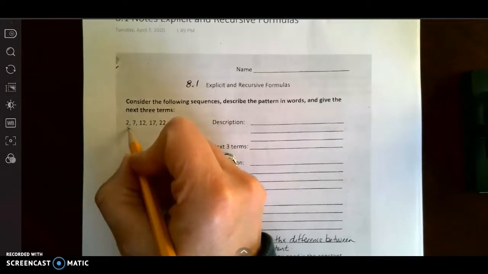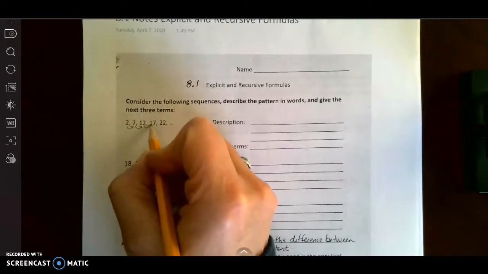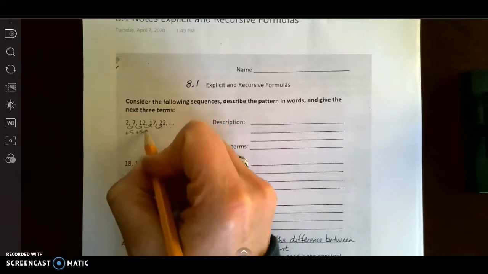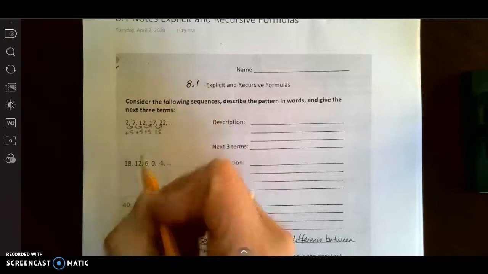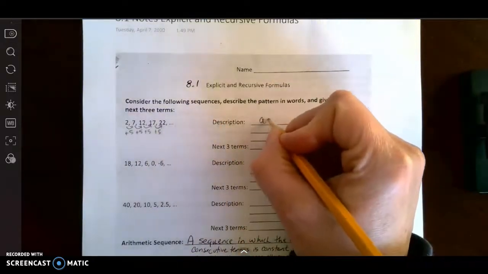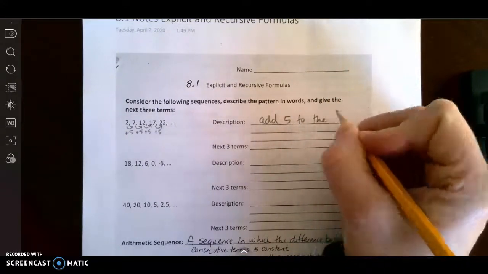Here I can tell that I've added 5, and here I've added 5, and here I've added 5, and I've done the same thing here. Every time that I went to the next term, I added 5. So my description would be add 5 to the previous term.